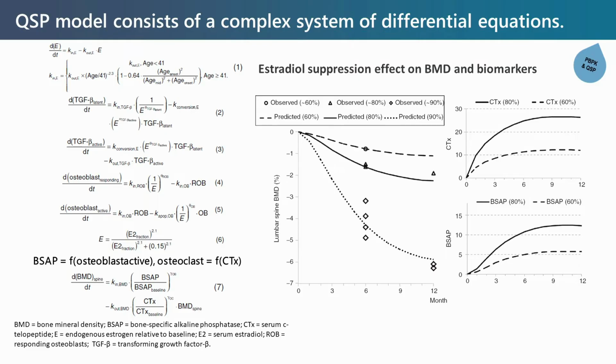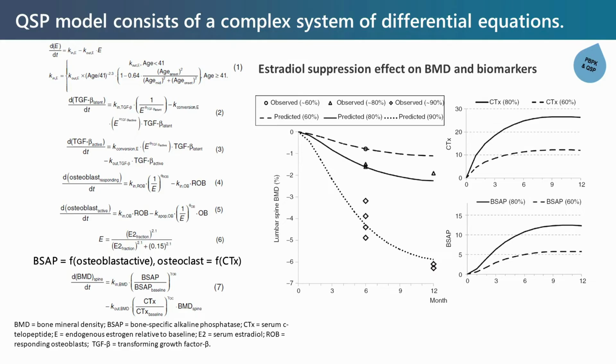The model was able to describe changes over time in lumbar spine bone mineral density and also in the bone markers serum C-telopeptide and bone-specific alkaline phosphatase at different levels of estradiol suppression, which are indicated by the percentages in the parentheses.